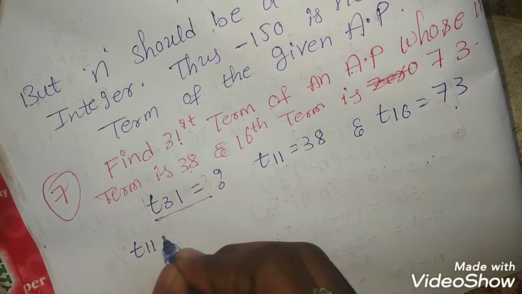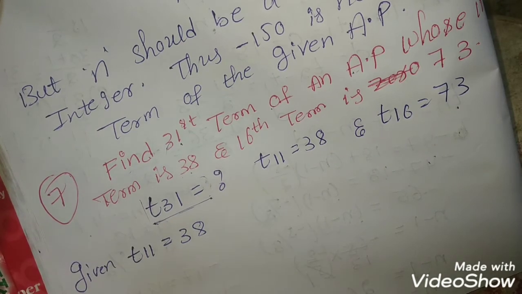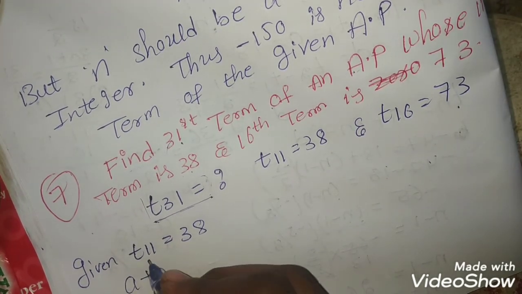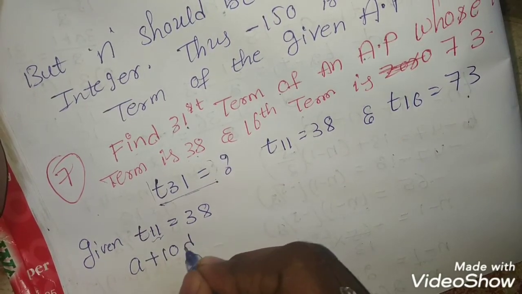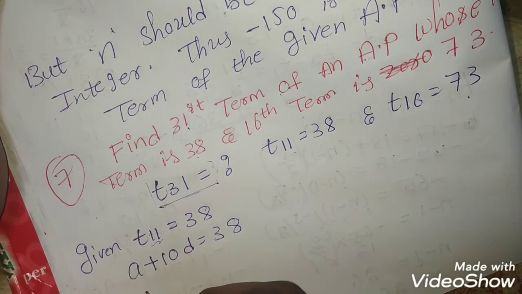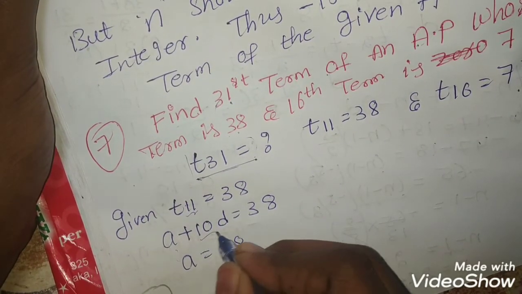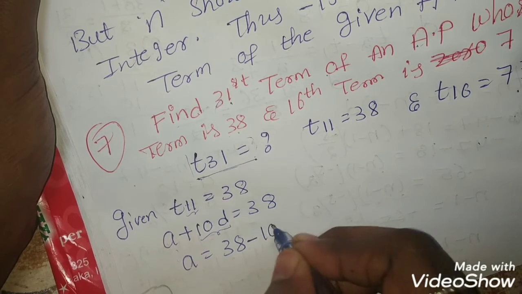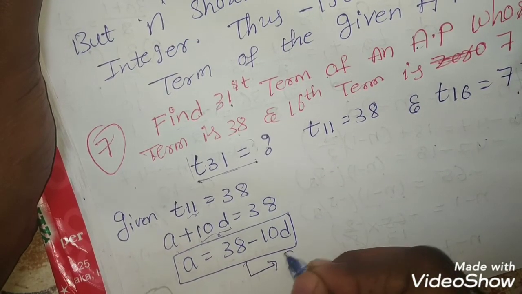Already they gave T11 is equal to 38. What is the formula of T11? A plus the preceding number, 10, so A plus 10D is equal to 38. So take A is equal to 38 minus 10D, as equation 1.